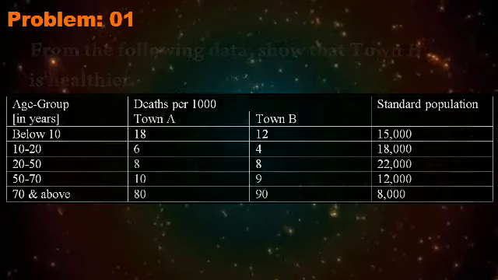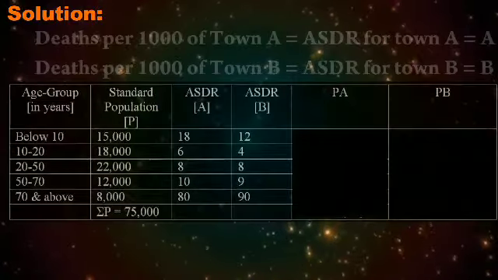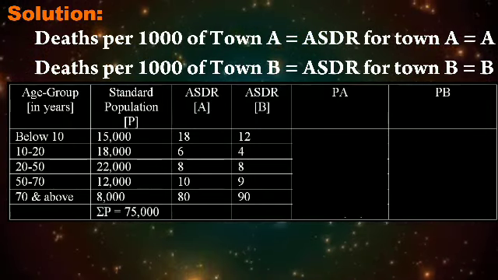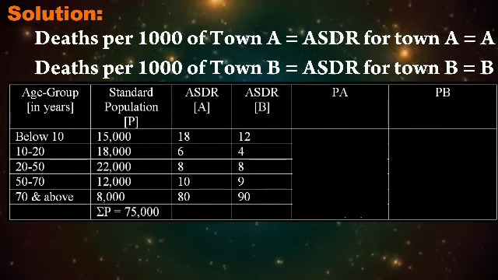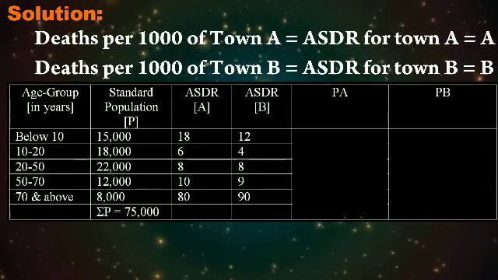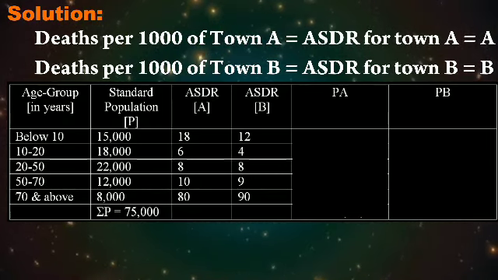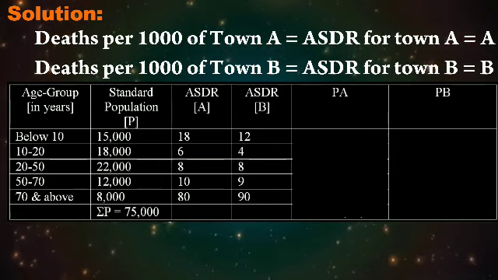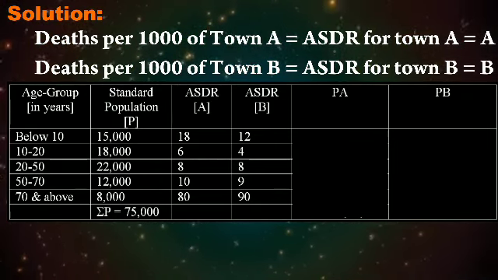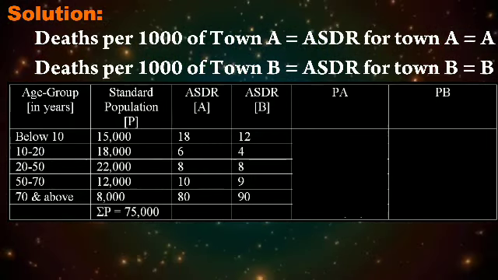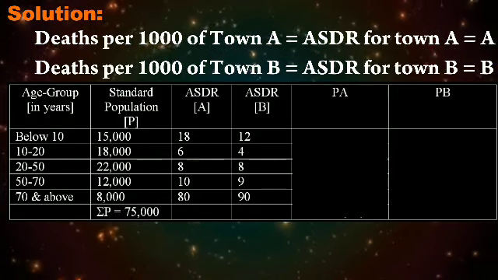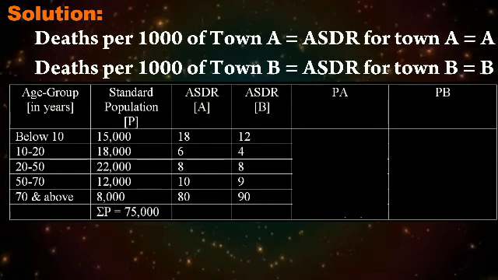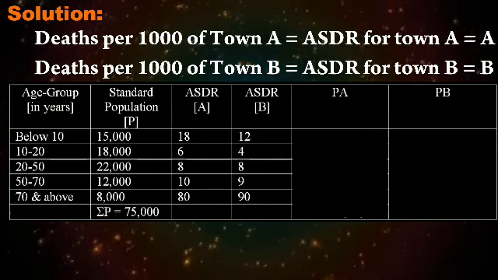Now, in the solution part, as you all know, deaths per thousand of town A is ASDR of A, deaths per thousand of B is ASDR of B. So, draw one more table, consider the given age groups, consider the standard population which is given in the question, that is 15,000, 18,000, 22,000, 12,000 and 8,000, and find the sum total of that column, which is sigma P equal to 75,000.